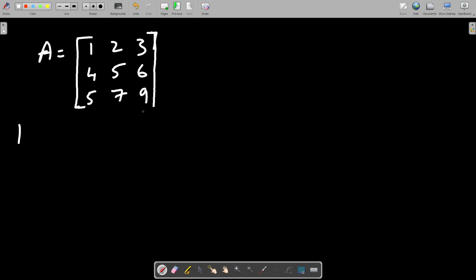So determinant of, yeah, this is your matrix A. When you're writing matrix A you put a square bracket. When you're writing determinant just put the bars.